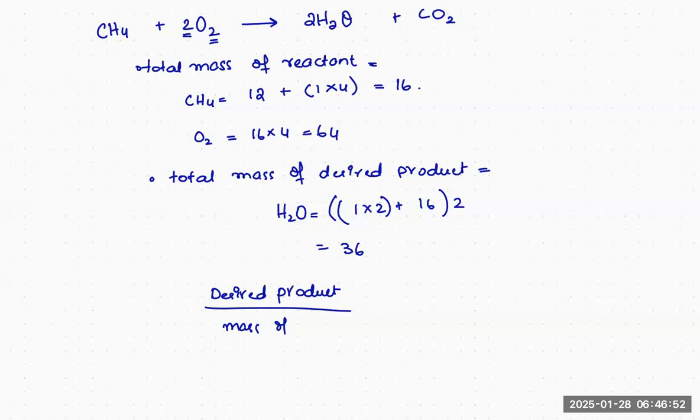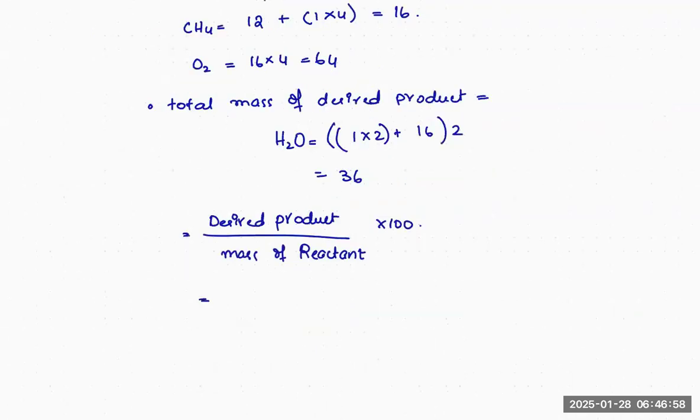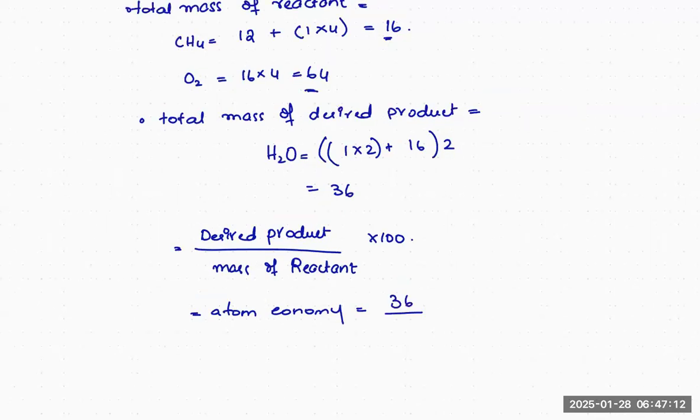So our atom economy comes out as 36 divided by 64 plus 16, multiplied by 100. So atom economy comes out as 45%.